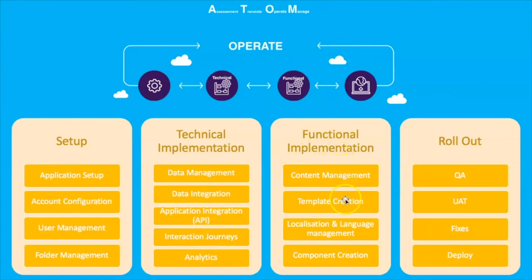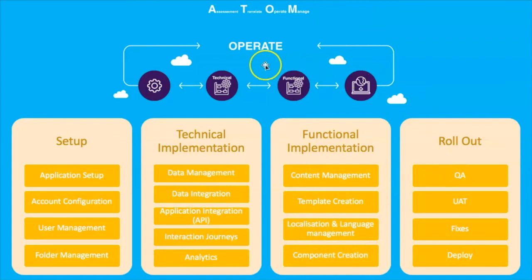After this, to run these journeys and campaigns, we need the content. So the functional implementation is first migrating or updating the content into the platform, creating the email templates, localization and language management, and then component creation of the various aspects of Marketing Cloud.